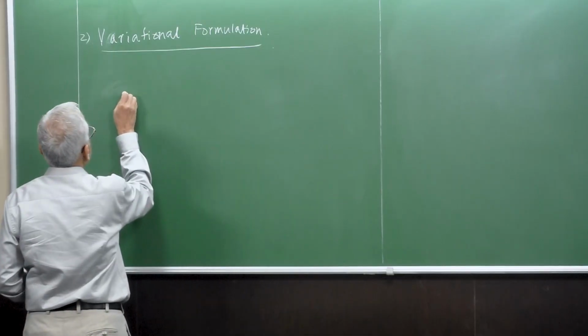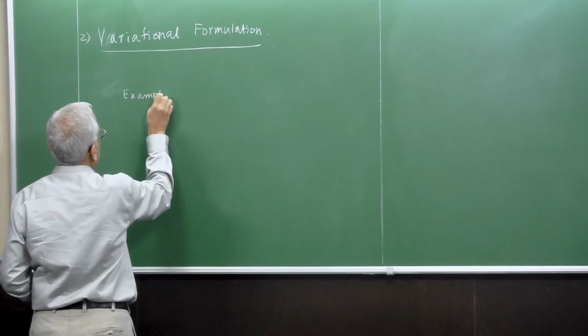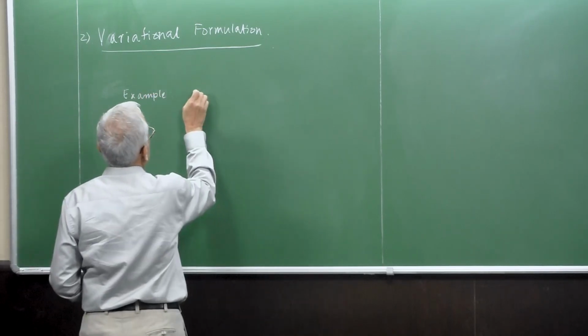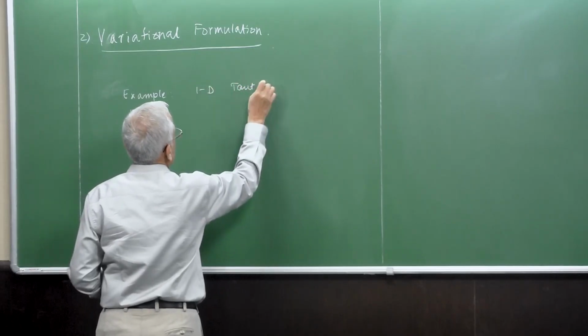So let's take the example of a one-dimensional taut string.